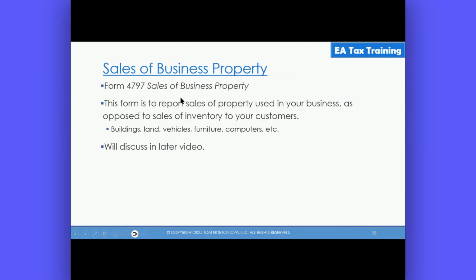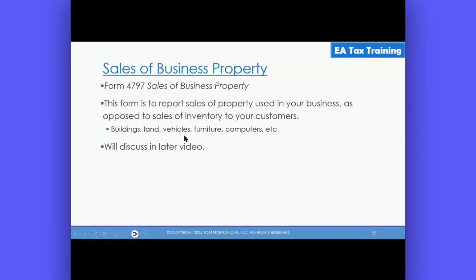For sales of business property, these are reported on Form 4797. So this is to report sales of property that are used in your business as opposed to sales of inventory to your customers. So if you're selling buildings or land, vehicles, furniture, computers, etc. So for instance, let's say you operate a computer store, you sell computers to the public.